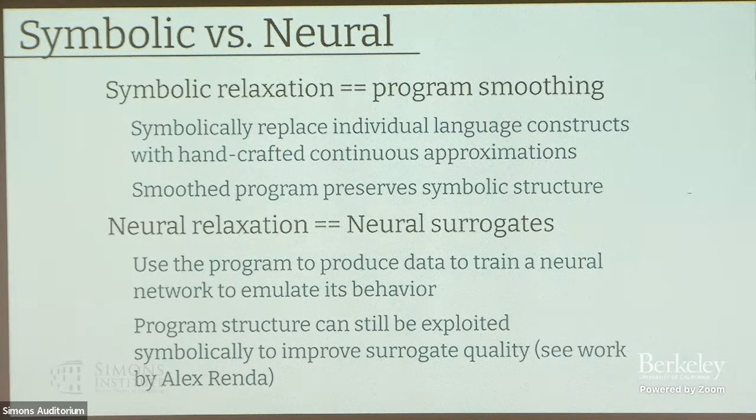Often that kind of back and forth is very useful in helping find both a neural network and a program that behave in ways that you want them to behave and that generalize in ways that you want them to generalize. So, we'll get to that in about 15 minutes.